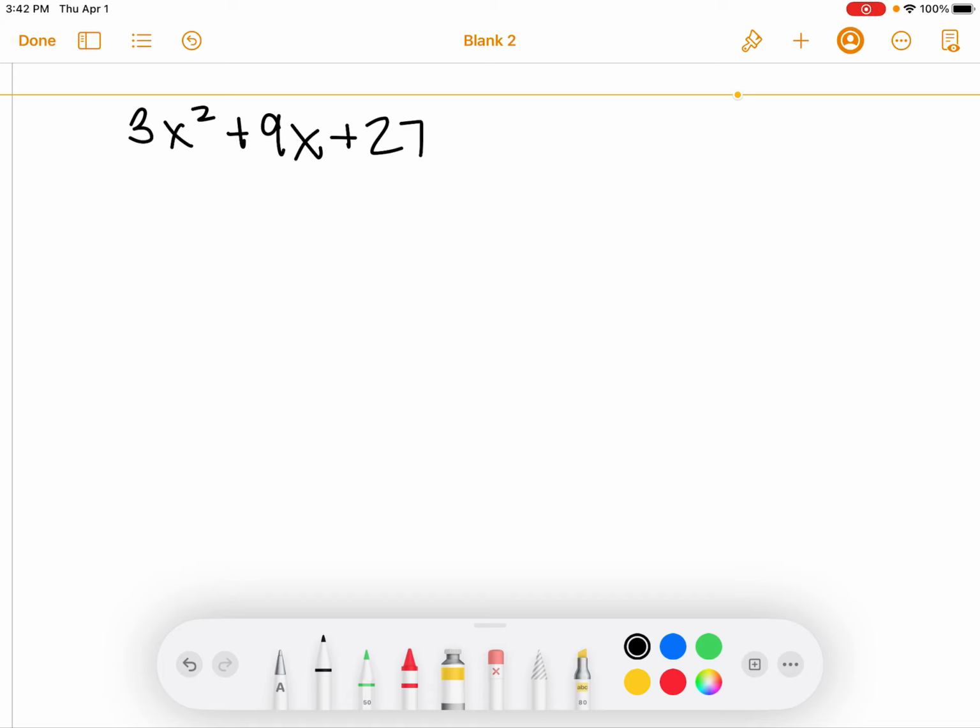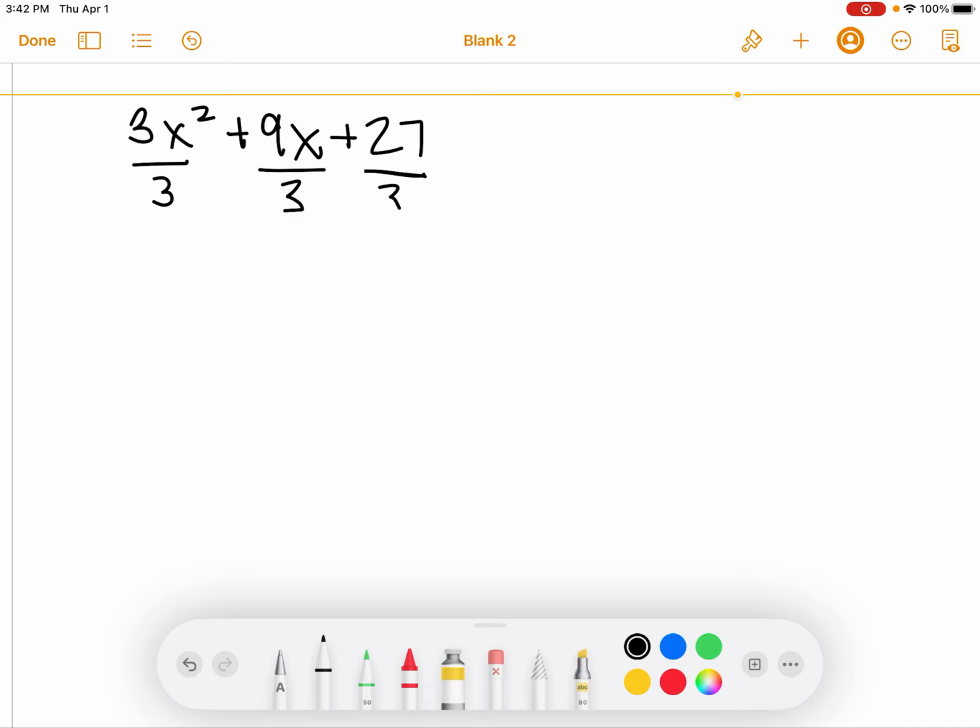So we'll look at that. But for this one, we have 3 terms. So remember what that means? Trinomial. And in this trinomial, it would be a quadratic because of the power. In each of these terms, 3x squared, 9x, and 27, they can all divide by 3.